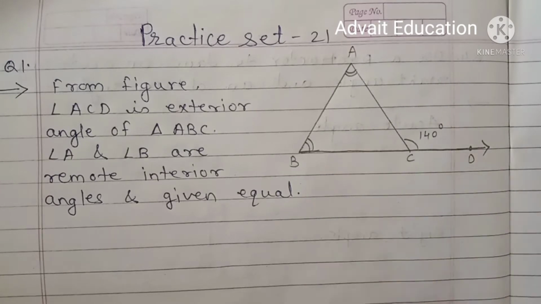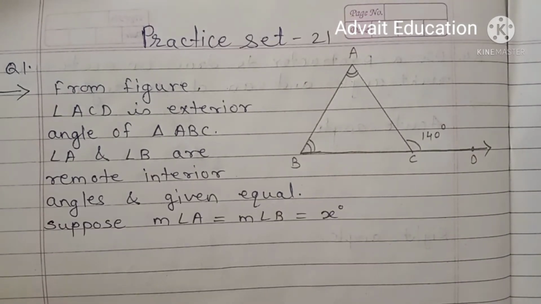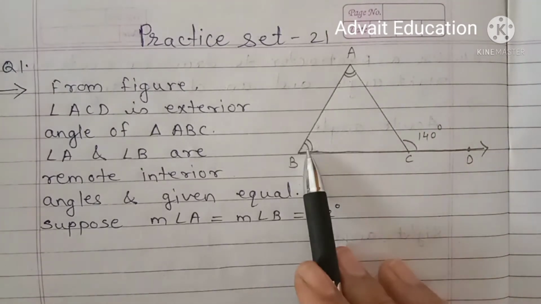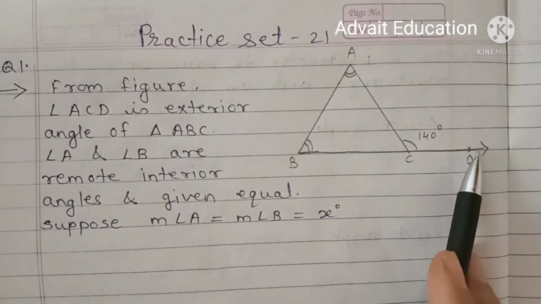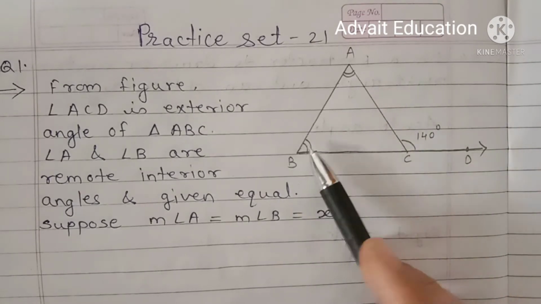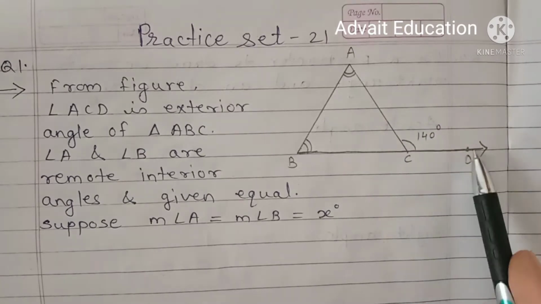Angle A और B को हम x consider करेंगे. Now measure angle ACD is equal to measure angle A plus measure angle B, because this is our property. Exterior angle is equal to addition of remote interior angles. Means A and B की addition is equal to exterior angle ACD.